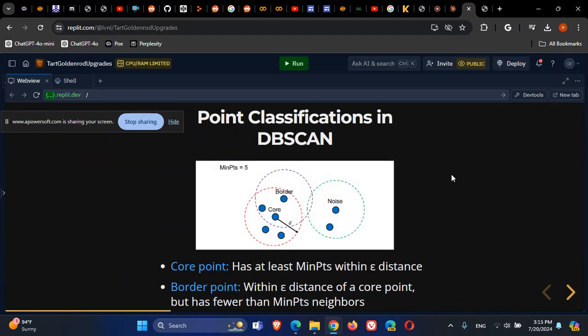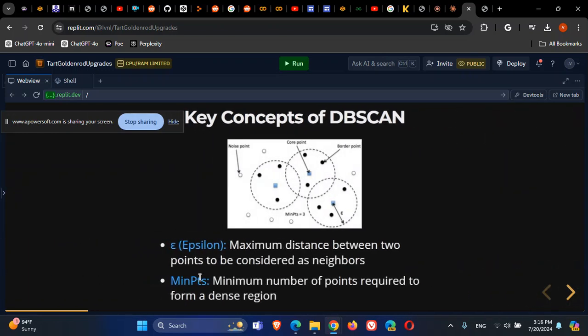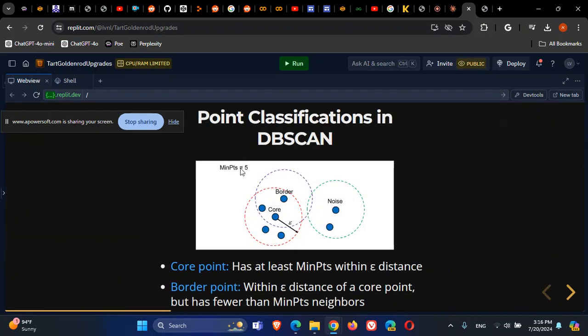And now we'll talk about the core point. So a core point, here it is. To call a point a core point, I look at the point and look at how many points there are in radius epsilon around that point, and if the total number of points in that radius is at least the minimum number of points, like here it is 3, here it is 5, I'll call that point a core point.